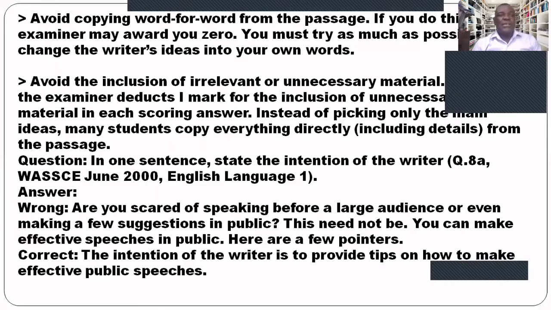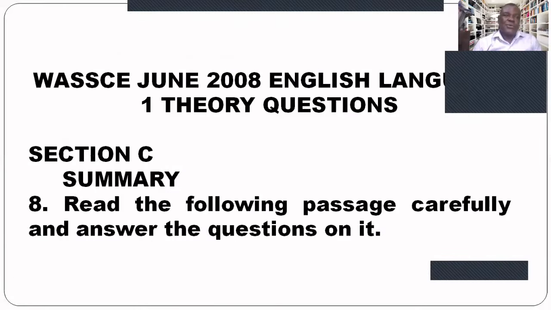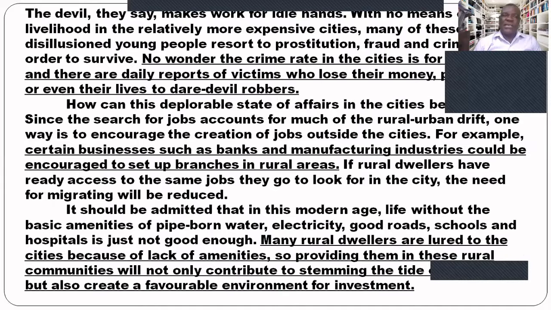Okay, so let's go back to the question, the past question we want to illustrate with. Now, read the following passage carefully and answer the questions on it. Now, as we already discovered in the discussion of the steps to take, we want to read the question first, and we will note the advantages.